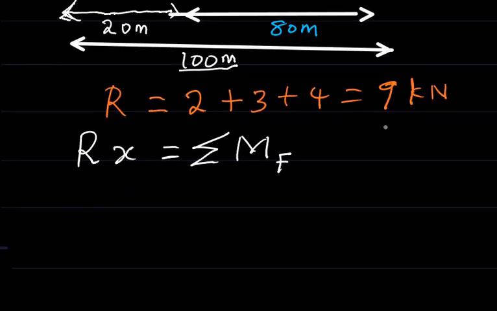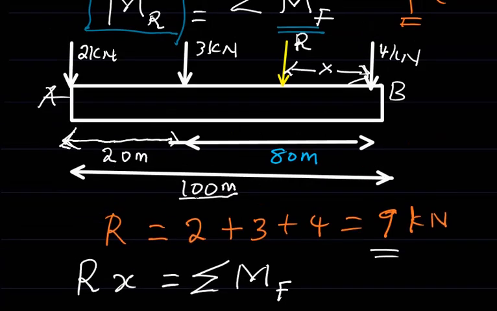So the resultant is 9, multiplied by x, which is what I'm looking for. 9 multiplied by x is equal to the moment of the forces.